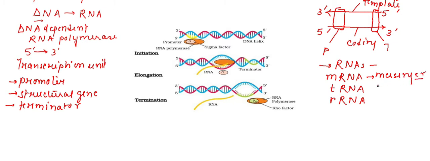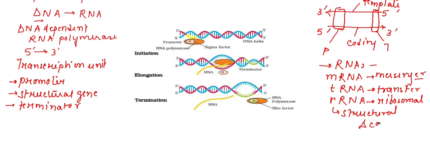It provides the template. tRNA stands for transfer RNA. It brings amino acids and reads the genetic code. And rRNA is ribosomal RNA, and it has a structural and catalytic role.